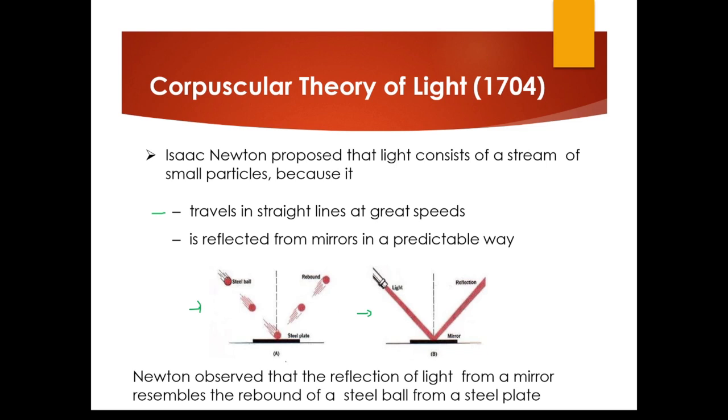And since he made such progress in motion and forces, it makes sense why he was an advocate for the particle theory, observing things like this: predictable motion and particles.